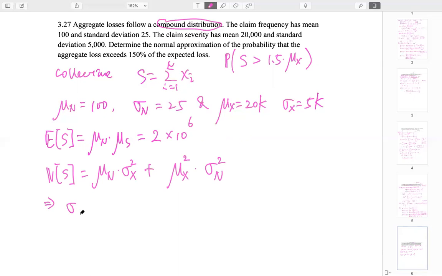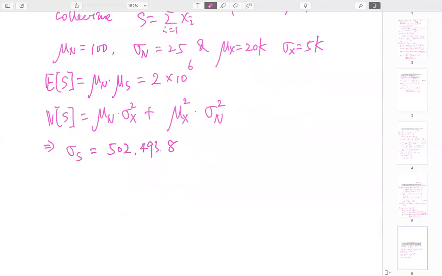You actually need to take the square root. You get this to be about 502,493.8. Okay. Finally, we want to know the probability S is greater than or equal to 1.5 times the expectation of S. So let's use mu S. So we do the normal standardization.